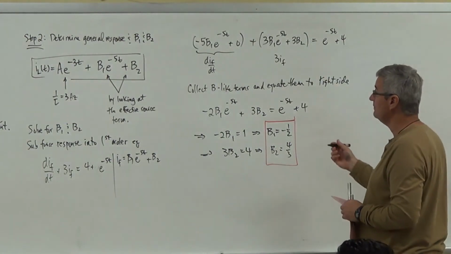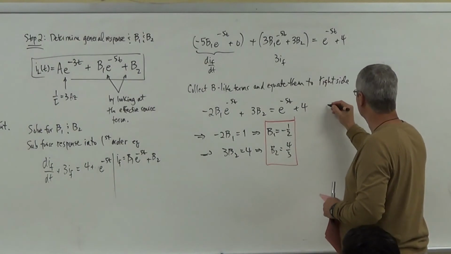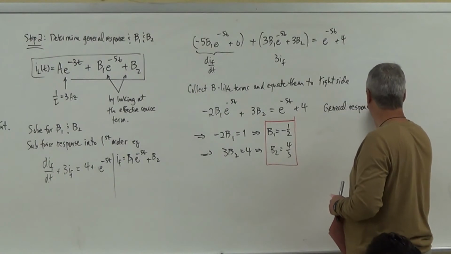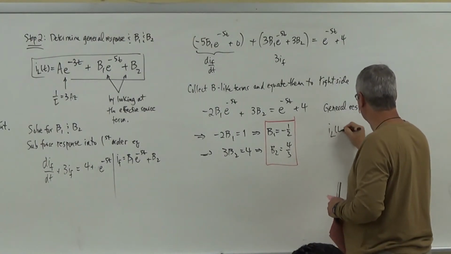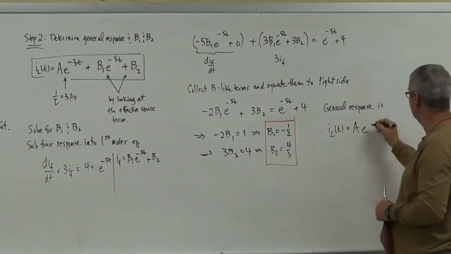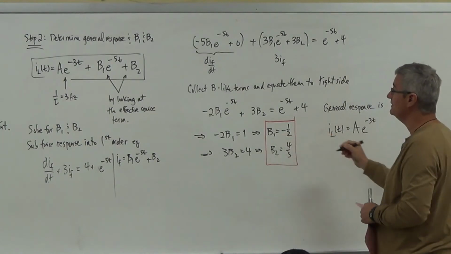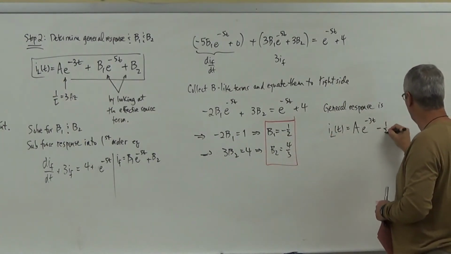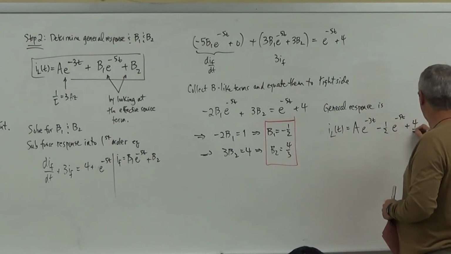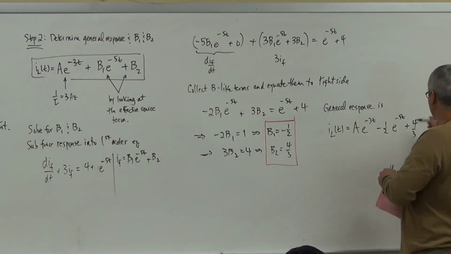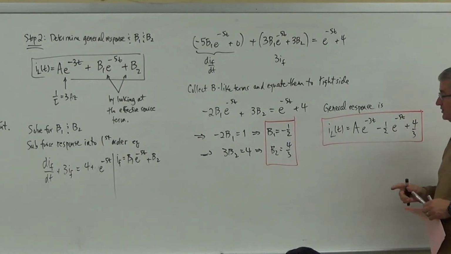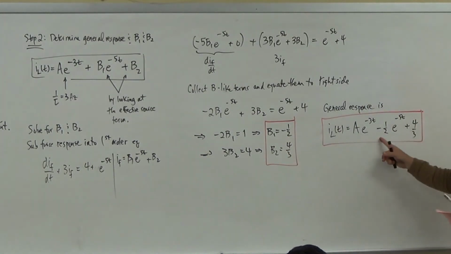So if I write this up here, I now have the general response. The only constant I'm missing now is A, and you can see this is -3t. I'm going to plug these in here, so I get -1/2 e^(-5t) + 4/3. So there's really two steps here: solving for b1 and b2 and writing this equation.